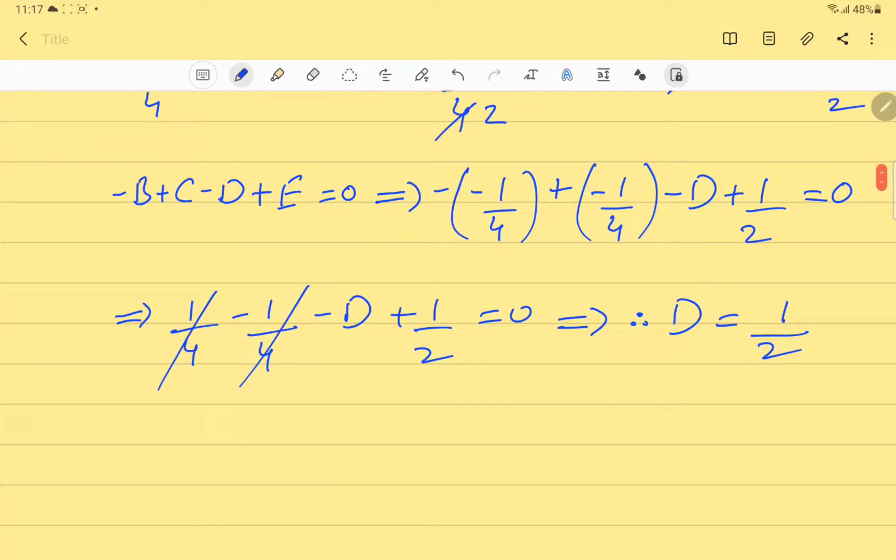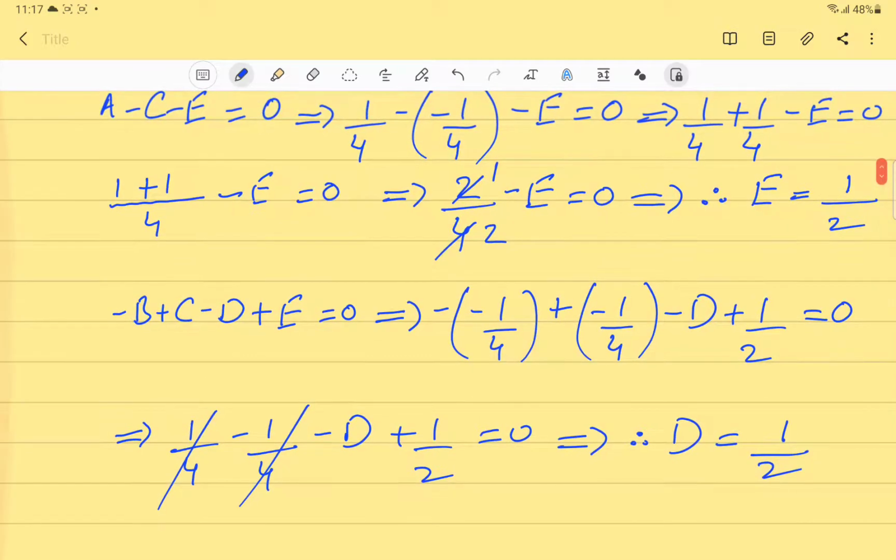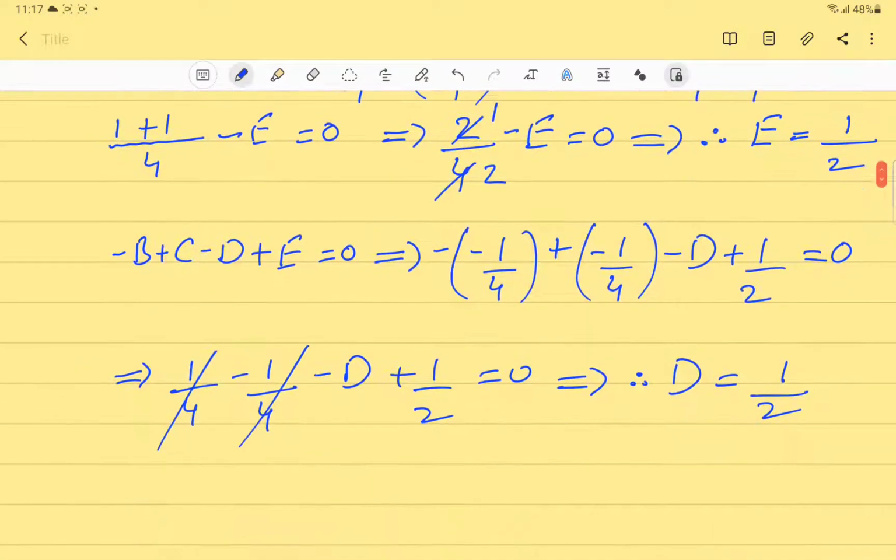Now we have found all the values a, b, c, d and e.